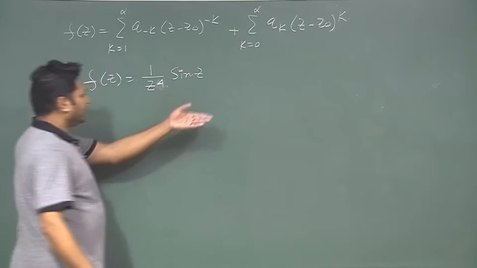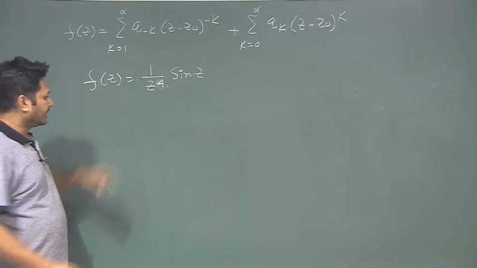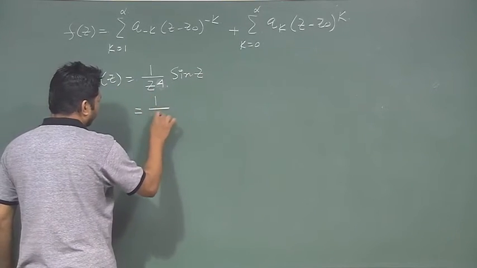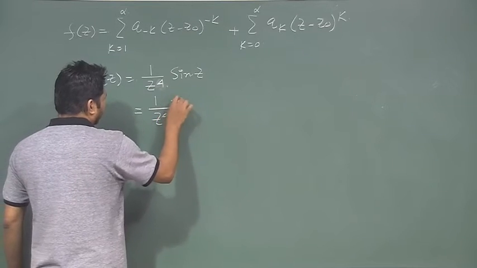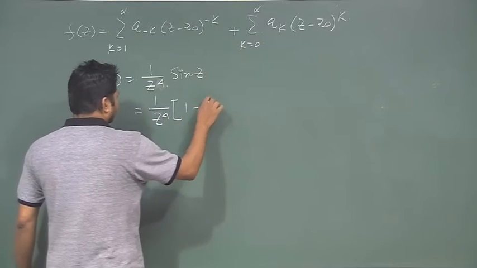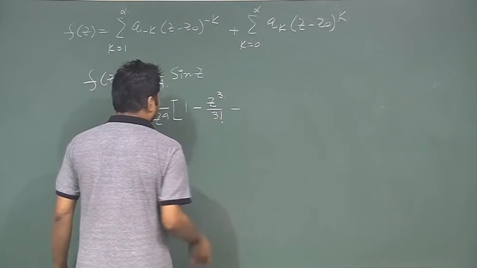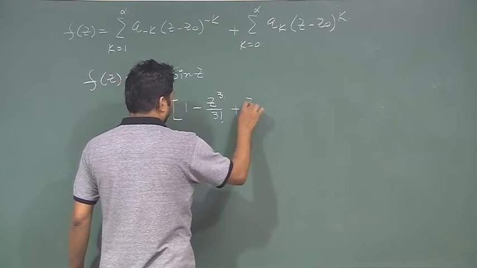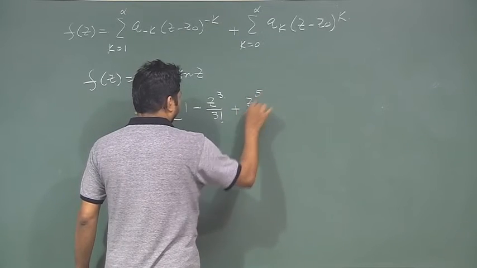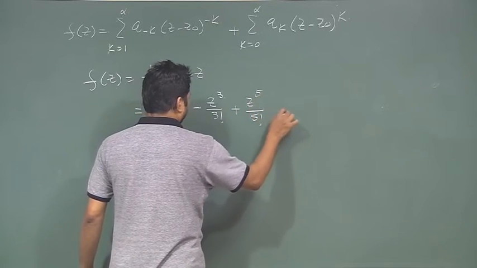If I expand, then obviously we will find that the first term is 1 by z to the power 4, the second term is z cubed divided by factorial 3, then the third term is z to the power 5 divided by factorial 5, and so on.